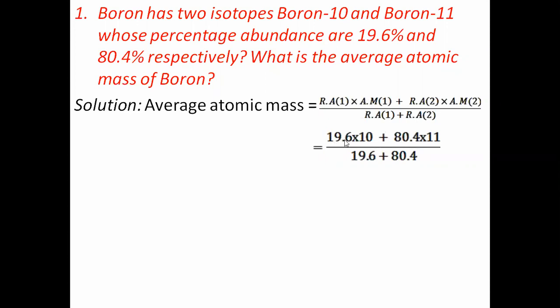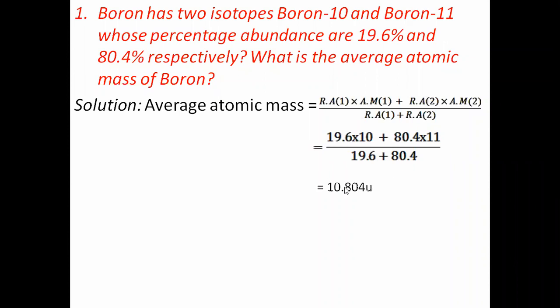Like 19.6, which is the relative abundance of boron 10, into atomic mass 10, plus the relative abundance of the second, that is 80.4, into the atomic mass of boron 11, that is 11, and the total relative abundance, obviously it's a percentage, it has to be 100, so 19.6 plus 80.4.